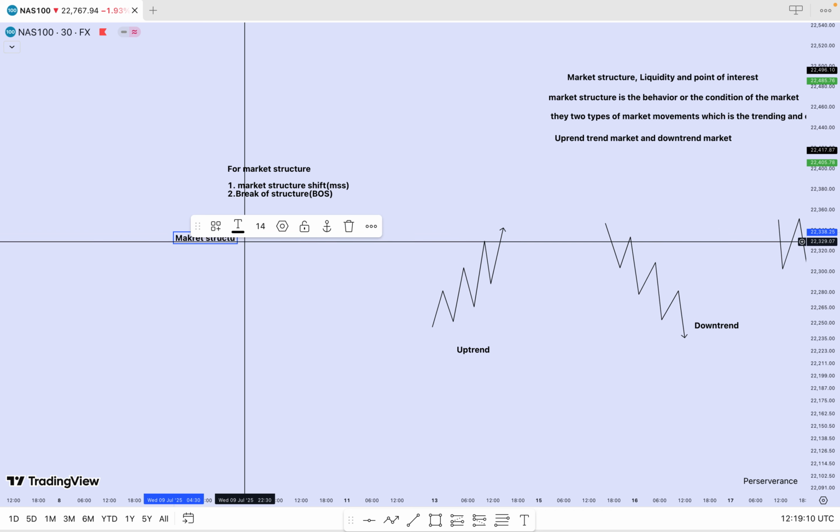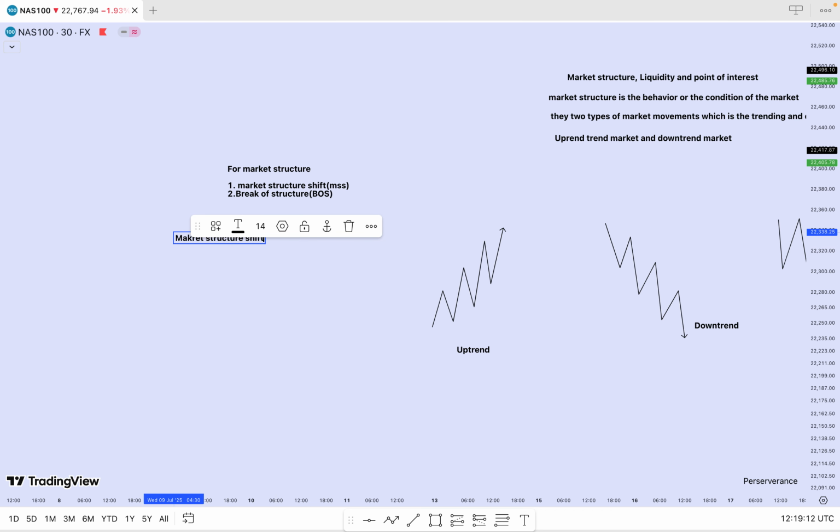This is an indication in the market telling us that market has changed from one direction to the other.